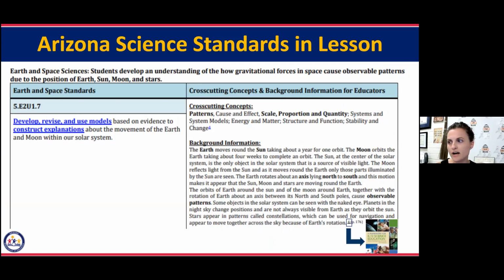You can see that for us, developing, revising, and using models, and then constructing those explanations. And then highlighted are the patterns and the scale, proportion, and quantity. They are in bold because those are the lenses that you can use to take a look at these Earth and Space Science lessons. But really, there are other cross-cutting concepts that you could be using.